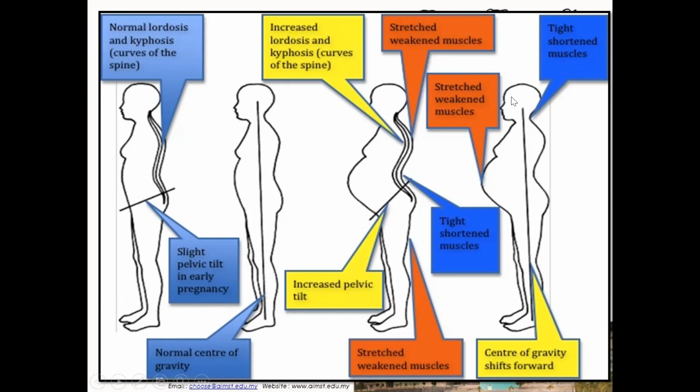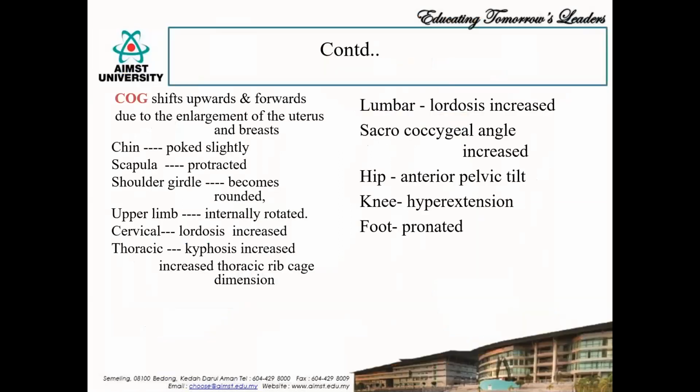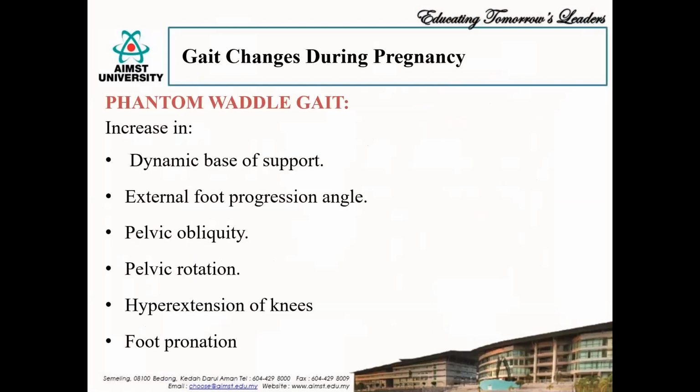So same like that, this muscle will undergo weakness or stretch. This muscle, anterior muscle, will undergo tightness. Is that clear? So these are the reason for change in posture.